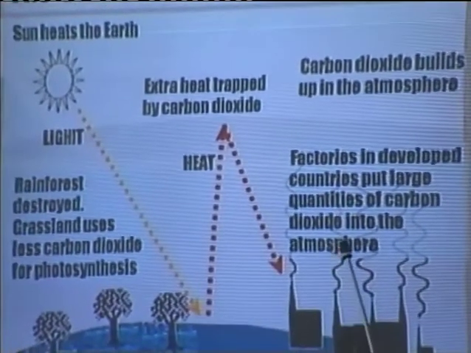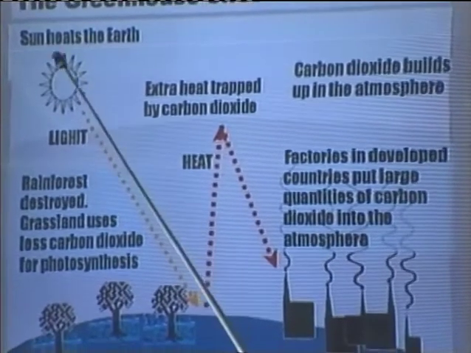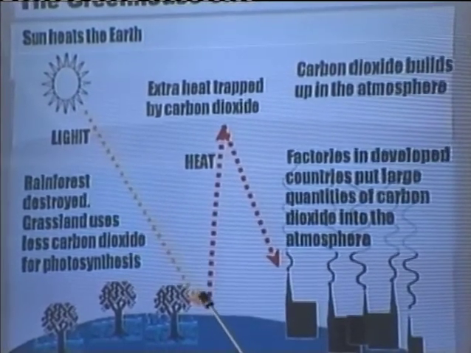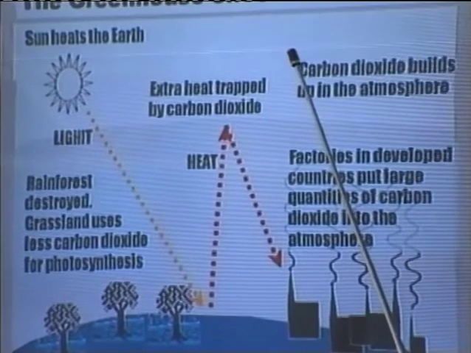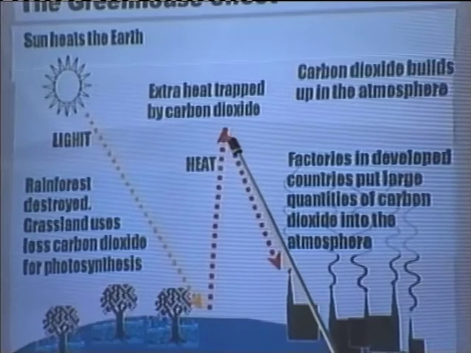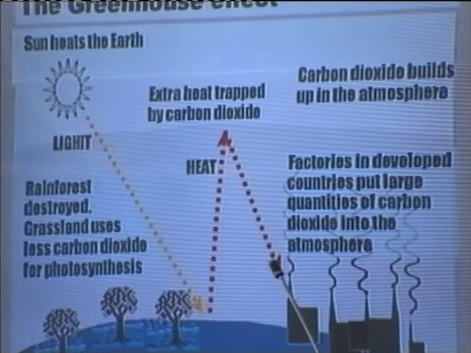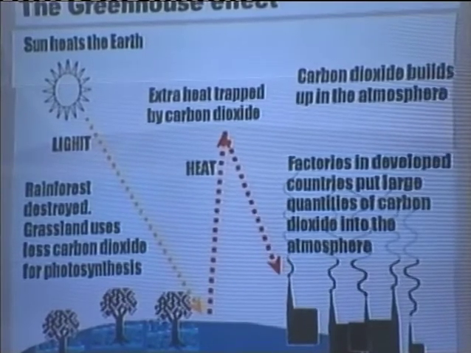With increasing levels of carbon dioxide, the heat coming through, instead of escaping to maintain that balance, is now being trapped by the carbon dioxide in the atmosphere, and that heat is used in raising the temperatures.